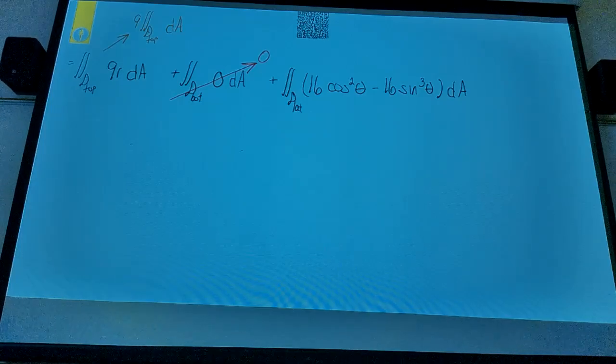So that's what happened to it. That's just then 9 times the area of the region, which is a circular region. So even that doesn't require any evaluation. Radius is 2. 9 times 4 pi.